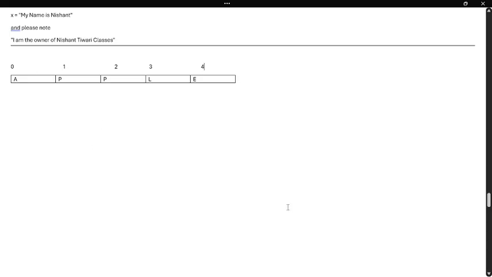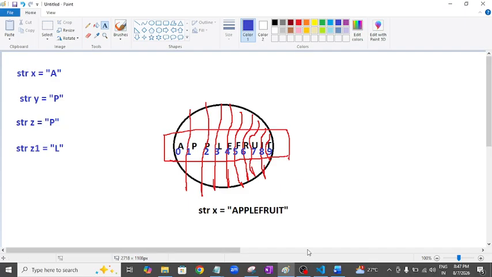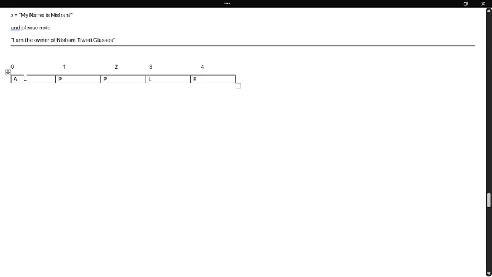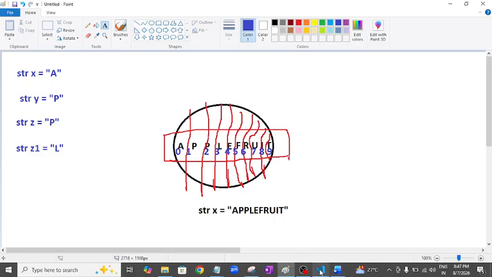Each index will be one, each index combined also will be a string, and each index value will be with the data type as a string only.